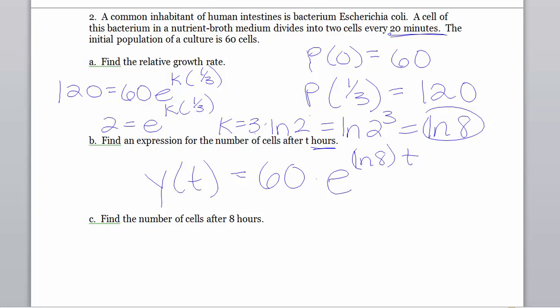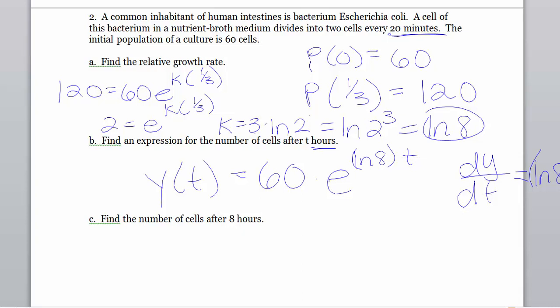The rate of growth function would be what? dy/dt, the derivative, would equal k, which is natural log of 8, times the y value, times y. Okay. Part C, find the number of cells after 8 hours. So I would use this function. This is how many I have. This is the rate at which they're growing.